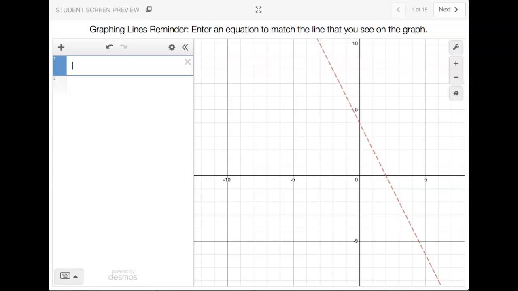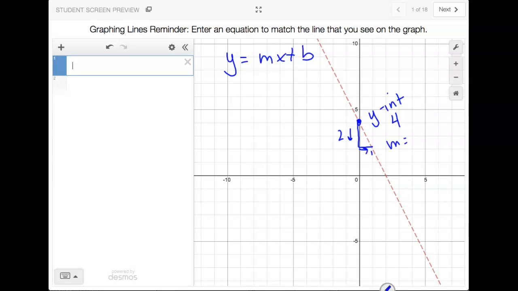Our start today is to look at a quick reminder of how to graph lines. In order to graph a line, the easiest option here is just slope-intercept form. So we're going to look at our dotted line here and identify that we have a y-intercept at 4. And if we look at our slope, it appears like we are falling 2 and running 1.